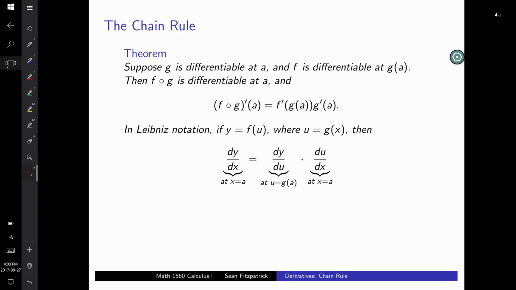Again, I've swapped the roles of f and g here, but the chain rule says that if I start with two differentiable functions and I compose them, then the composition is going to be differentiable.